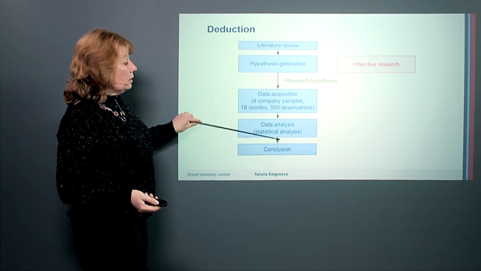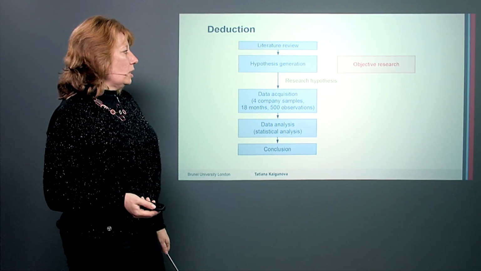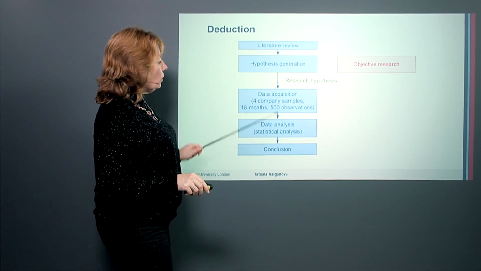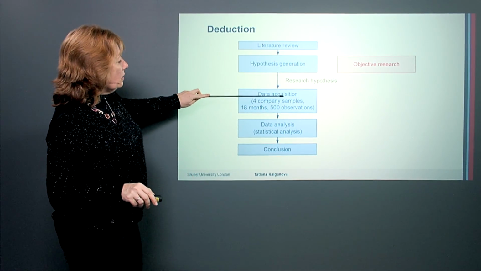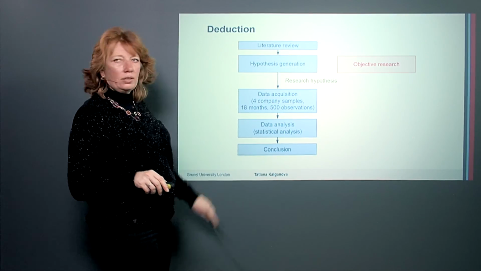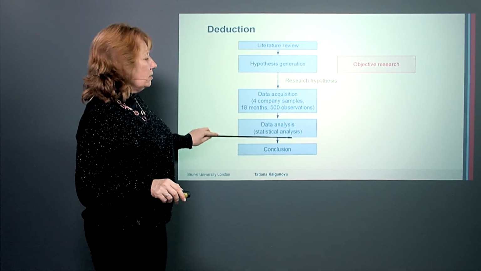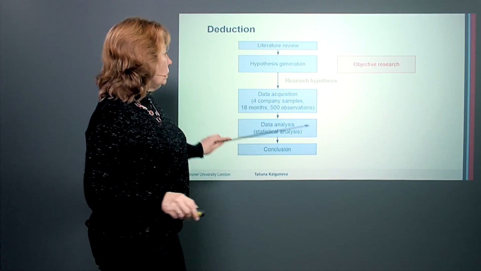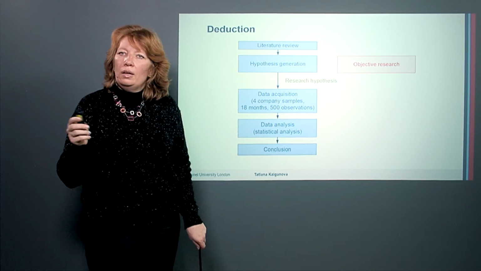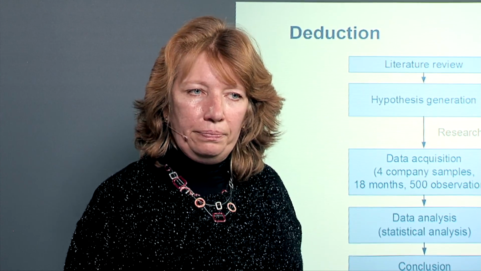And based on this, we can, for example, formulate that the research is objective. But remember, whatever we're trying to formulate, we need to make sure that our data acquisition process answers our research question. Our data analysis is constructed in such a way that we are trying to answer this research question. Our conclusion must help us to answer this question.